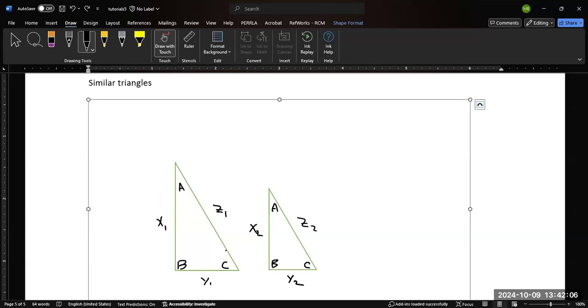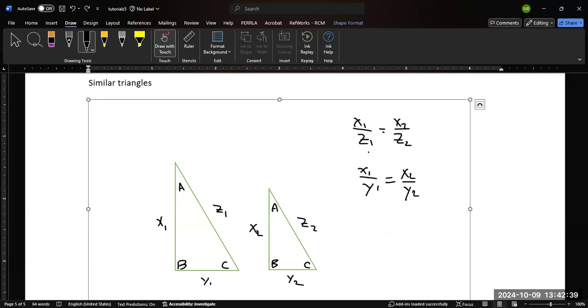So what do we know? We know that whatever the ratio is between, let's say, X1 and Z1 is going to have to be the same between X2 and Z2. We also know that any relationship between X and Y will also be preserved in the new triangle.